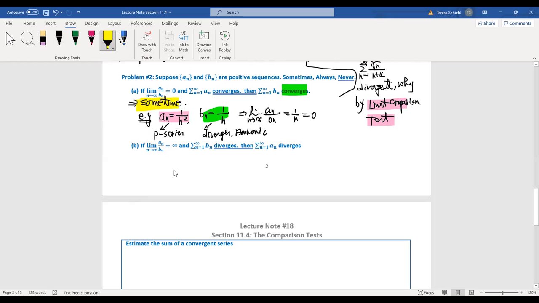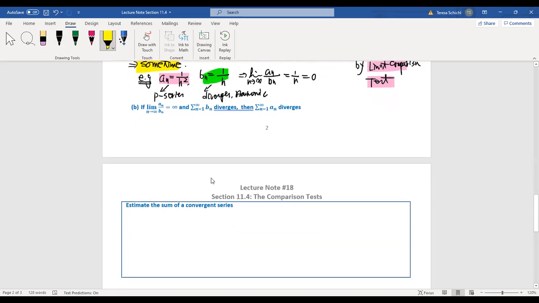Okay, so now let's take a look at part B. It's just like we wrote before. If the limit as n approaches infinity of a_n over b_n is equal to infinity, that means a_n goes a lot faster, even faster than b_n.